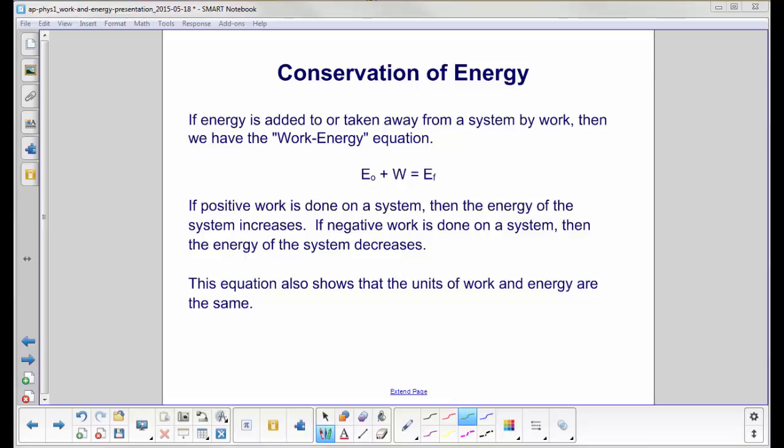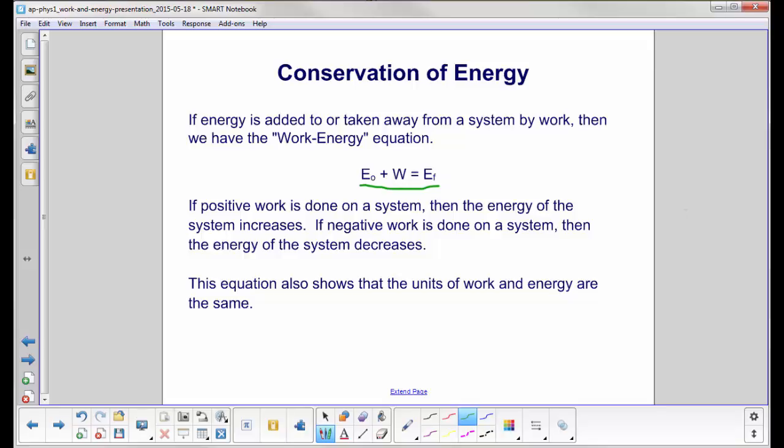We'll expand the conservation of energy equation now to include the possibility of energy coming across the system boundary. And the way we're going to do that is by work. If the energy goes into the system, that's positive work. If it leaves the system, it's negative work. So our equation now becomes initial energy plus work equals final energy.